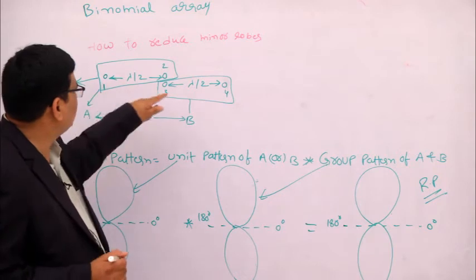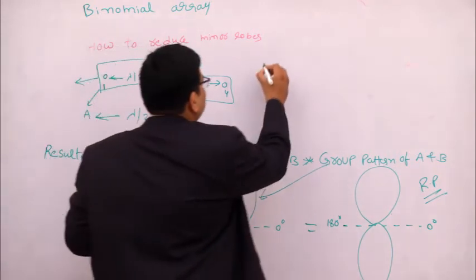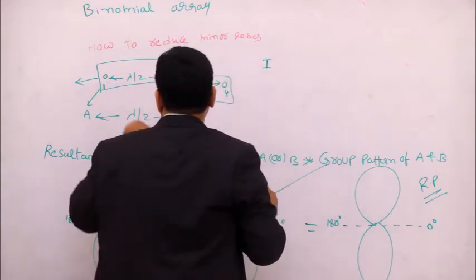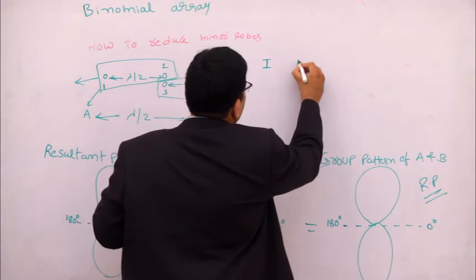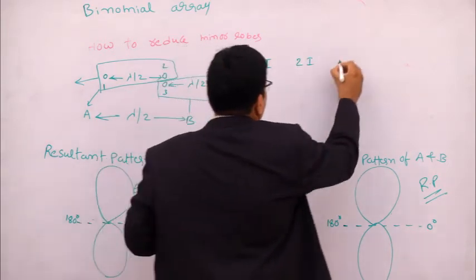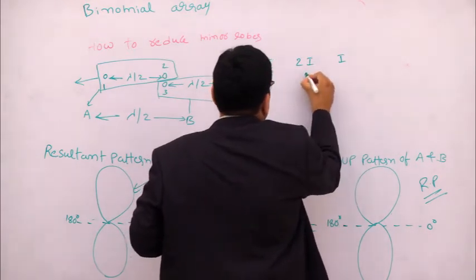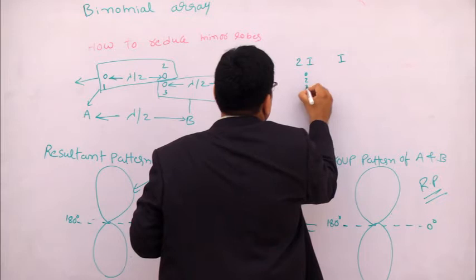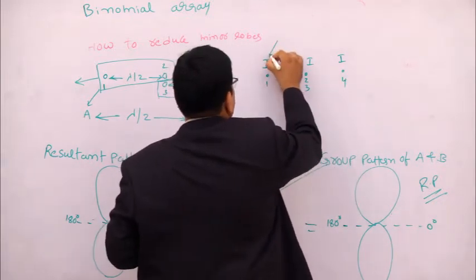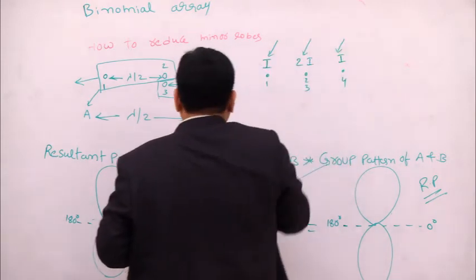Here you see in this arrangement, the current magnitude in the first element is I, in the second element is 2I, and in the third element is I. So the current magnitudes of elements 1, 2, 3 and 4 are I, 2I and I.